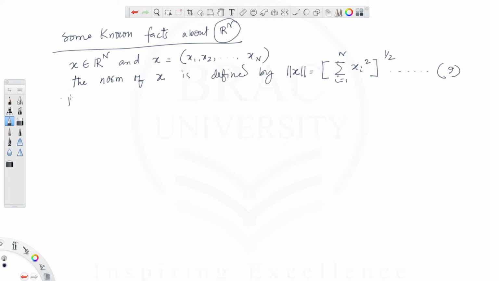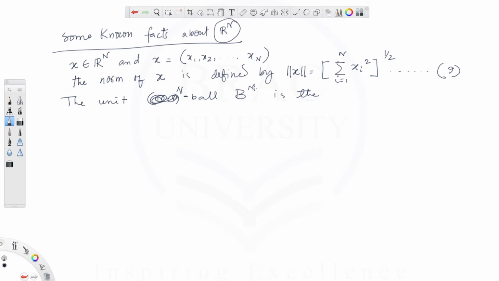The unit n ball, it's not an n minus 1 ball, this is an n ball. It's called an n ball and denoted by B to the n.